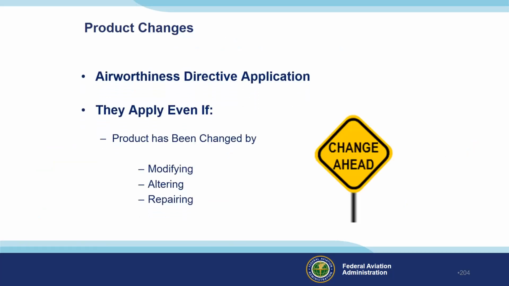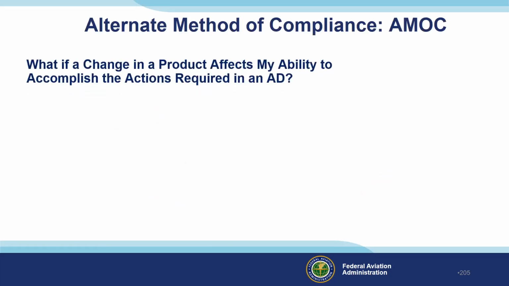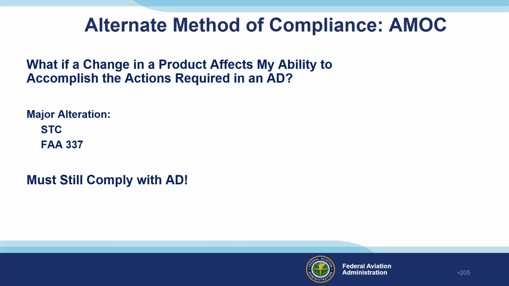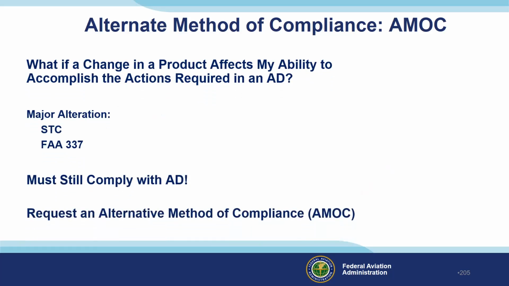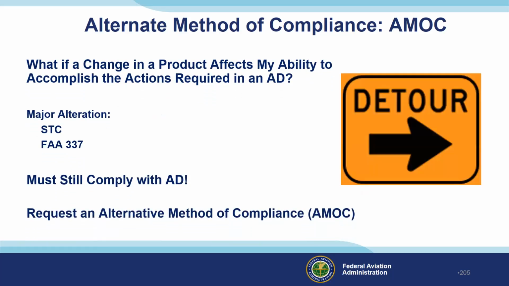So what if your product changes? The AD still applies even if the product has been changed by a modification, altering, or repairing. And if the change affects your ability to accomplish the actions required by the AD, maybe it's an STC or a 337, a major alteration, you still have to comply with the AD somehow.